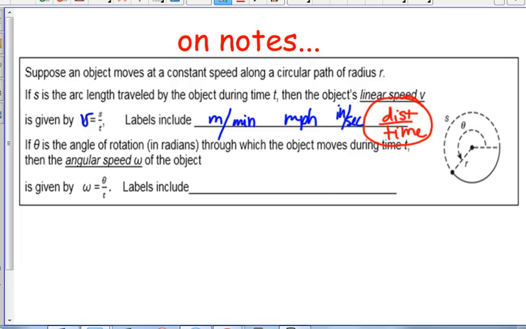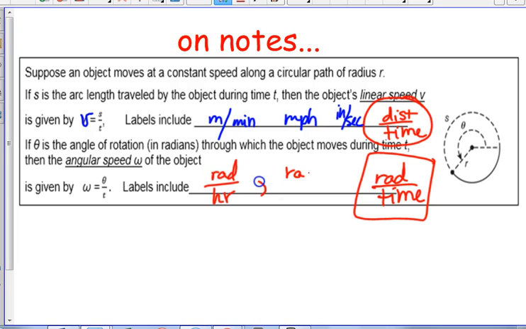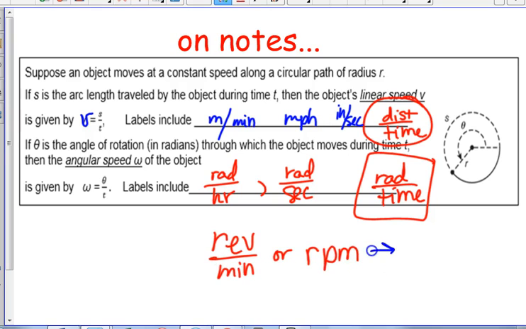Angular speed, on the other hand, is how fast it's rotating. So it's measured in radians per time. You might have radians per minute, radians per hour, radians per second. If they talk about revolutions per minute, or RPMs, we have to convert it to radians.